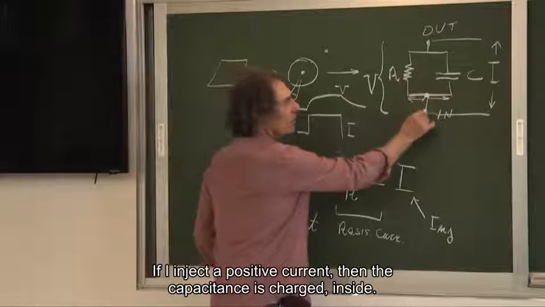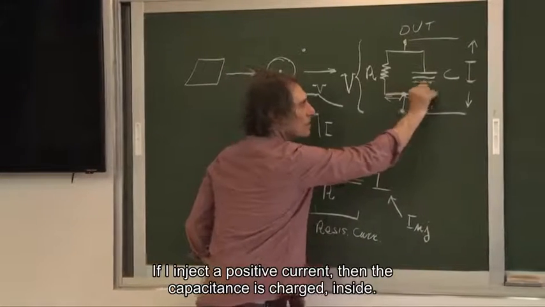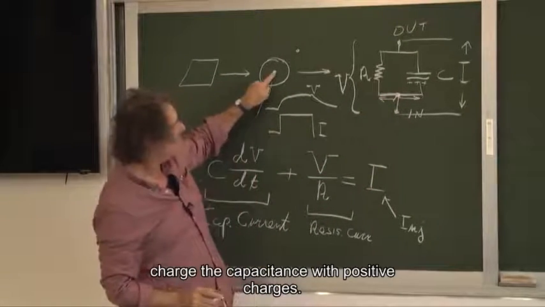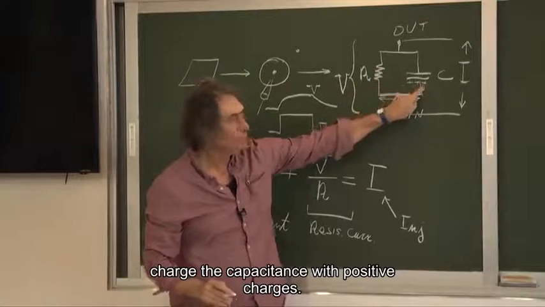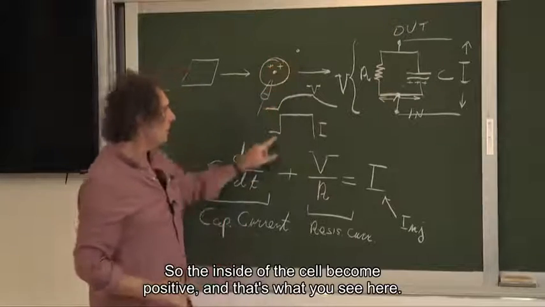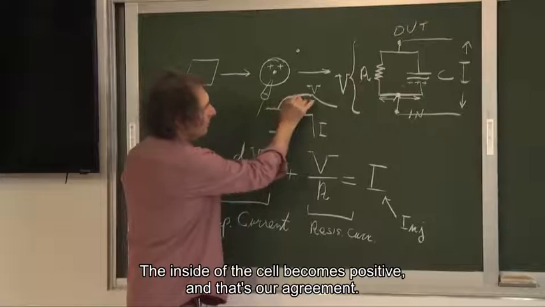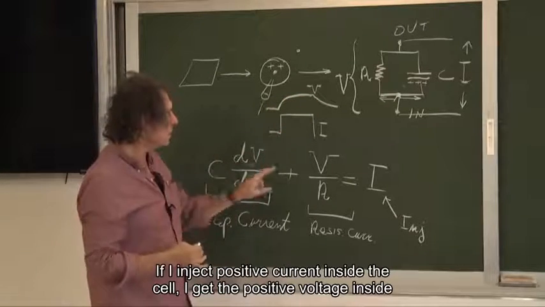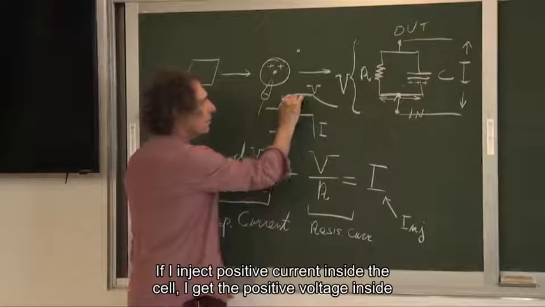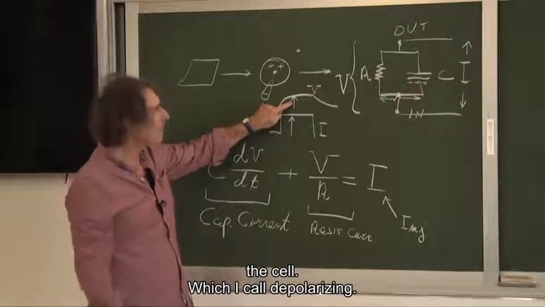If I inject a positive current, the capacitance is charged inside the cell with positive charges. So the inside of the cell becomes positive, and that's what you see here. That's our agreement: if I inject a positive current inside the cell, I get a positive voltage inside the cell, which I call depolarizing.